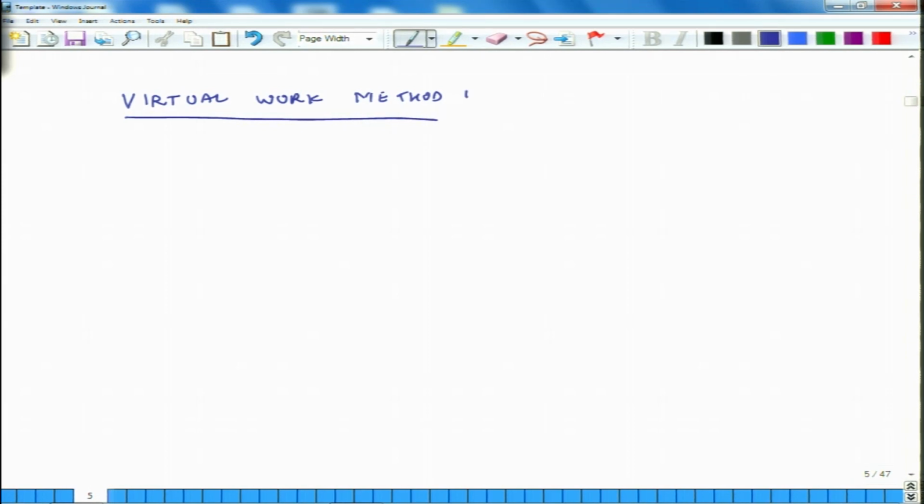And here we will discuss two methods. One is known as general Galerkin method, and the other one is special Galerkin method.